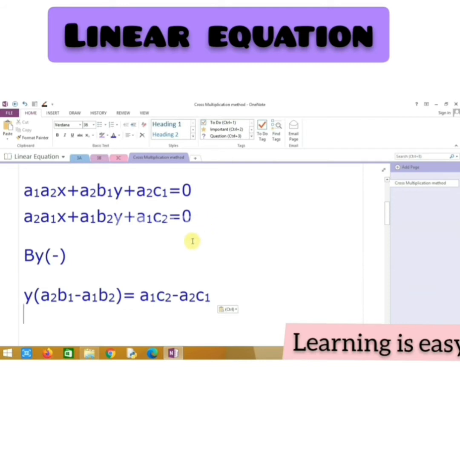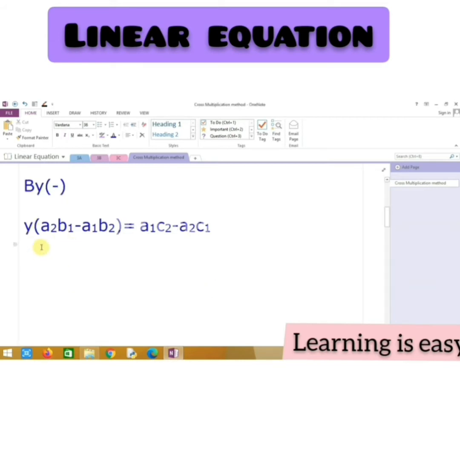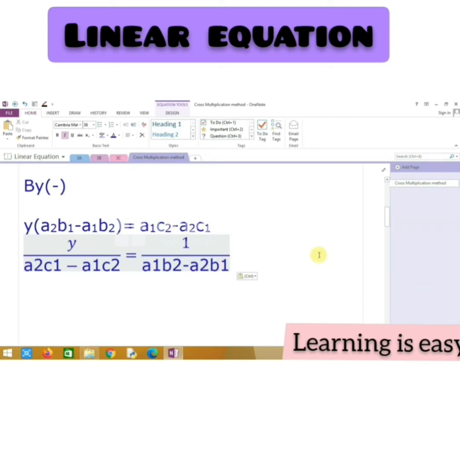So a1 c2 is plus, a2 c1 becomes minus. So this can be rewritten as y by a1 c2 minus a2 c1 equal to 1 by a2 b1 minus a1 b2. Let it be equation 3.